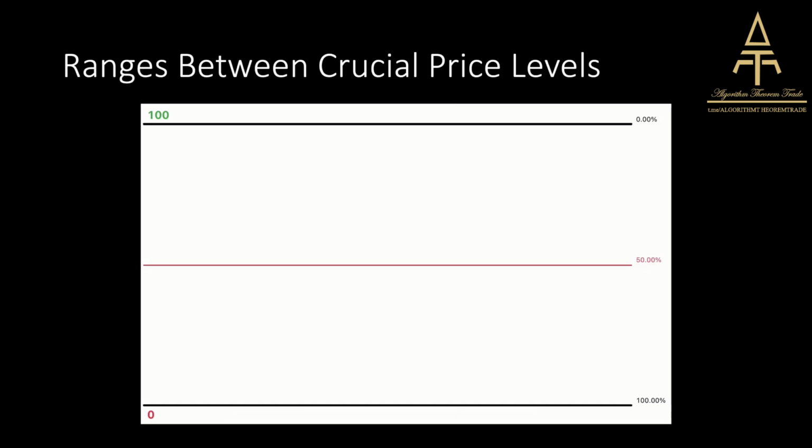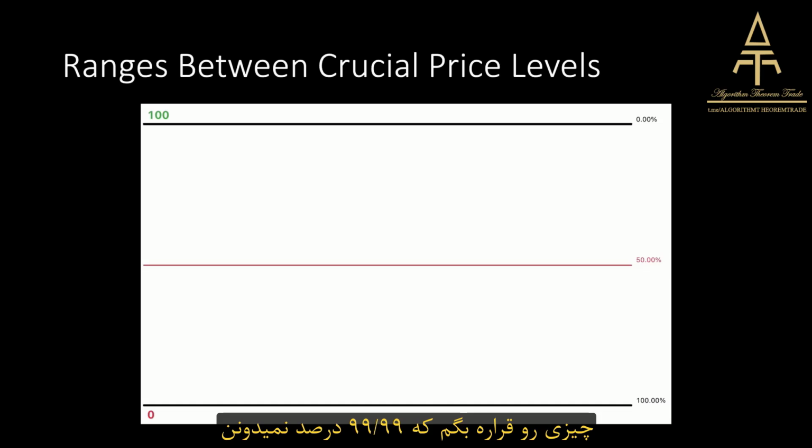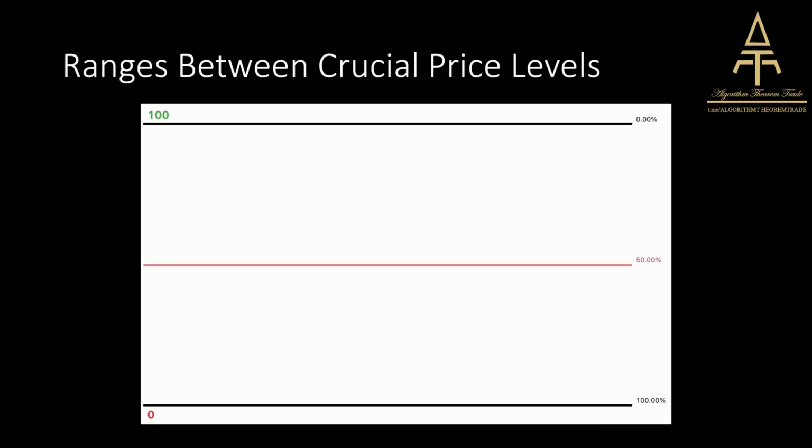Well, here you're going to learn something that is completely unknown to 99.99% of everyone out there, of all traders, I must say. And it is something that many people can't even get their minds around.